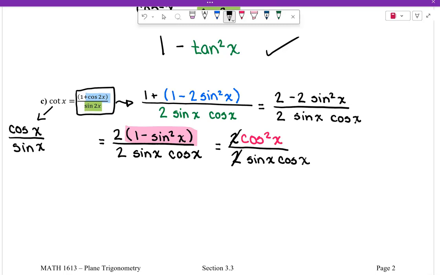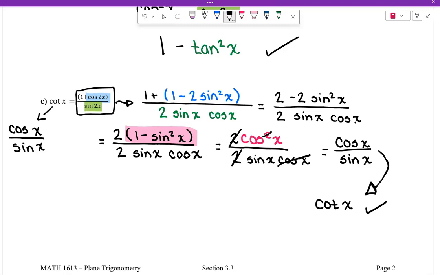So 2's cancel, a cosine cancels, and we're left with cosine of x over sine of x, which gives you cotan.